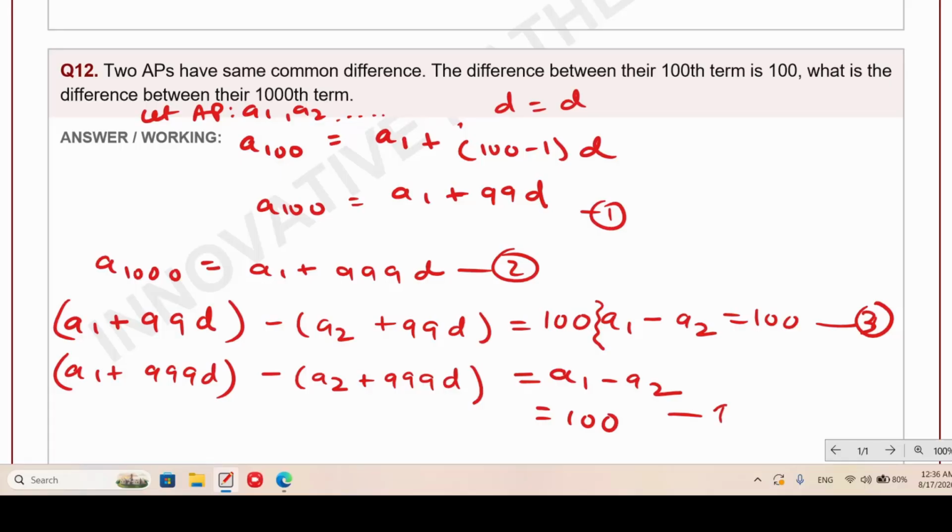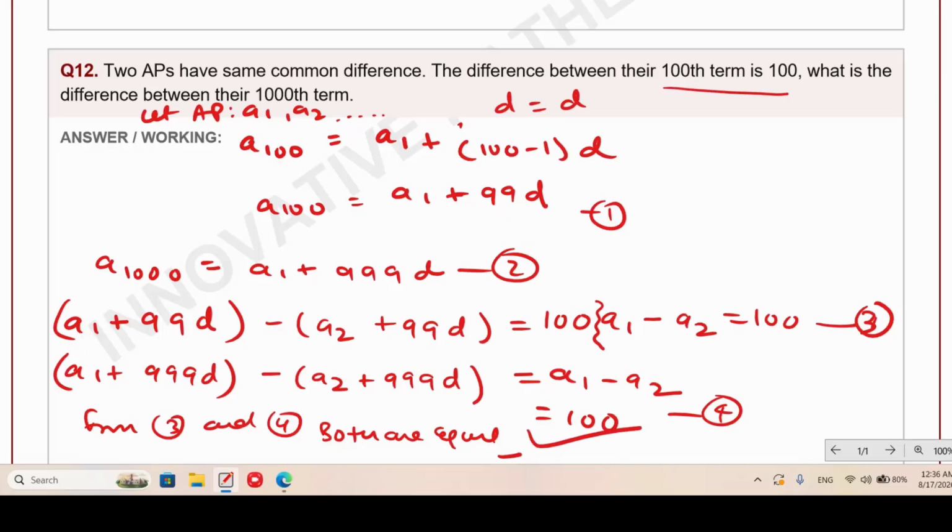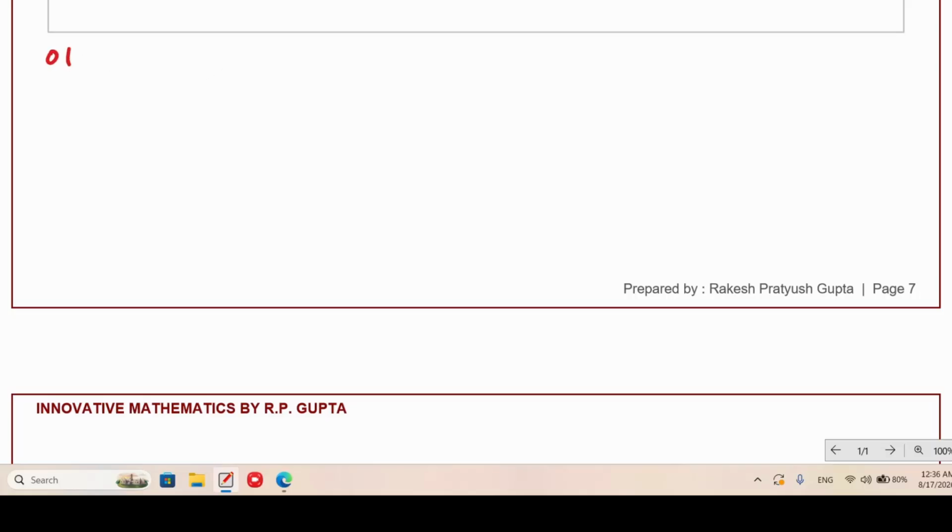So from 3 and 4, both are equal. Therefore, the common difference will be the difference between the 100th terms is 100, then the 1000th terms are also 100. इसको थोड़ा सा let's simplify it. Okay, let two APs be A1, A2, A3 and B1, B2, B3.